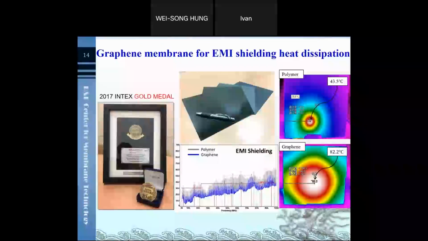Here we show the graphene membrane for EMI shielding and heat dissipation. We can see when we add the graphene in the membranes, their heat dissipation rate is increased a lot. And for the EMI shielding, when we add graphene we can see the blue lights, and the EMI shielding property is increased.